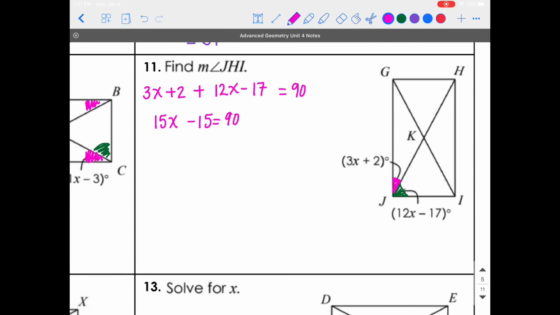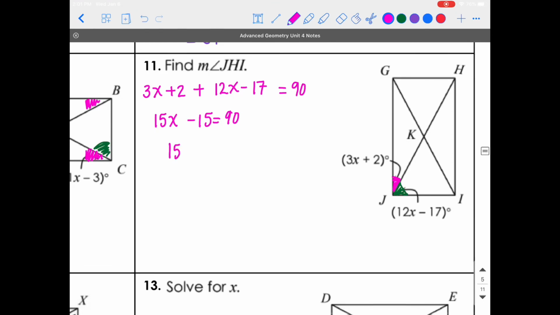That's 15x minus 15 equals 90 when I combine like terms. If I add 15 to both sides, we get 15x equals 105. And dividing by 15 gives me x equals 7.